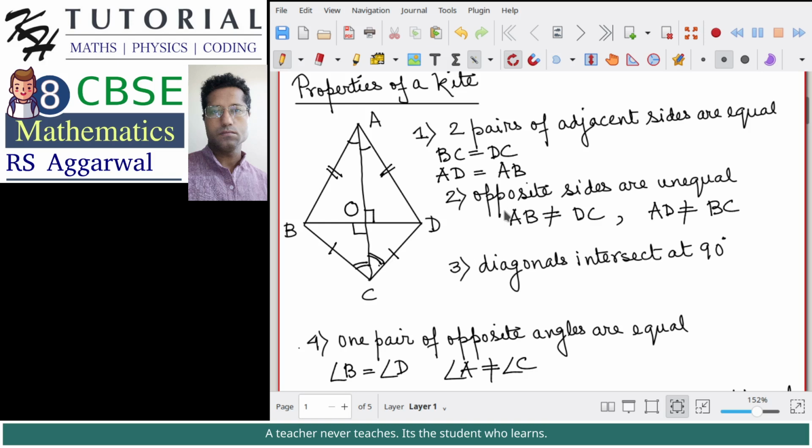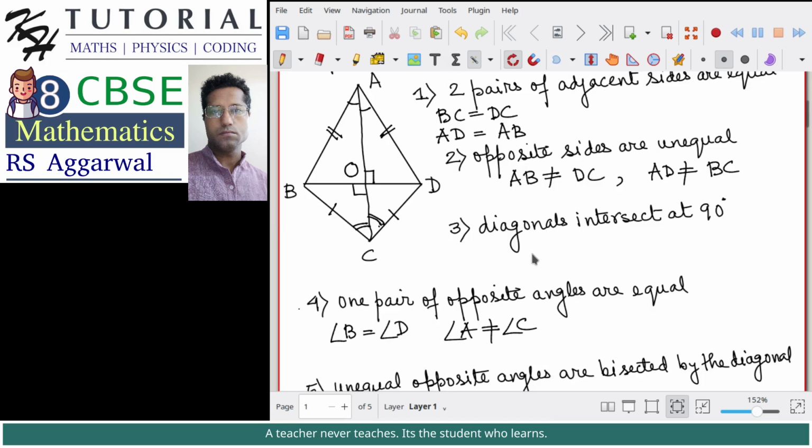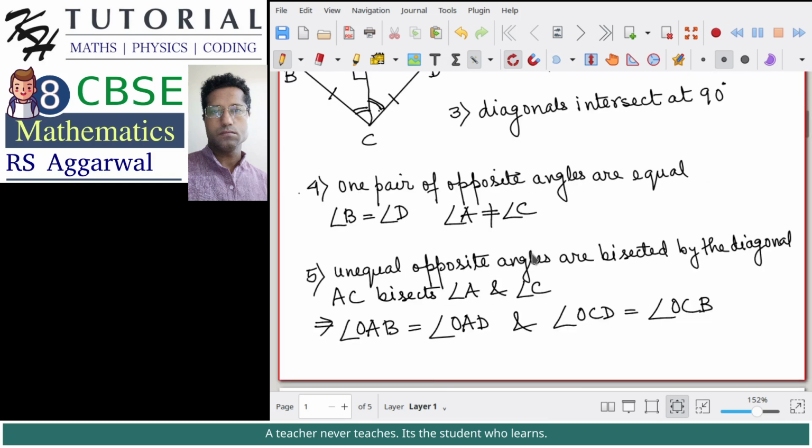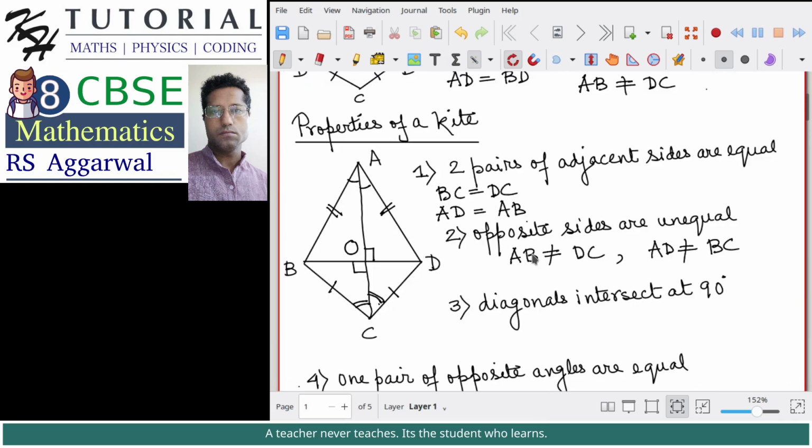So in a kite, one pair of opposite angles will be equal, and the other pair of opposite angles will be bisected. These two are very important properties of a kite. All the properties except the first two are part of the definition of a kite.